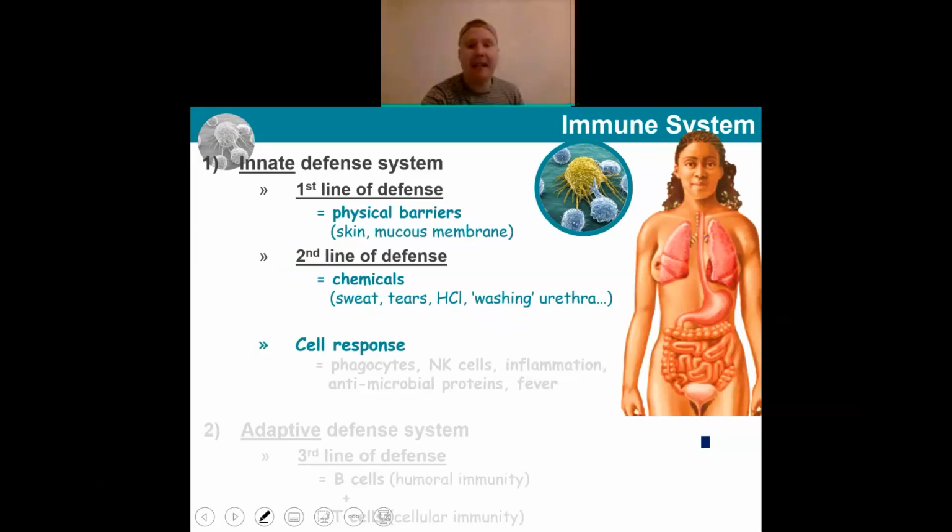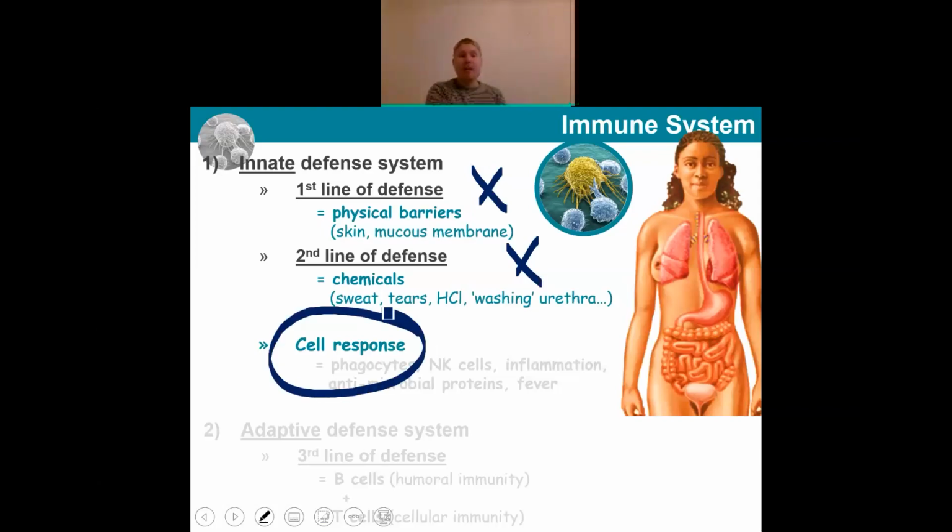If the first and second lines of defense don't work, if the pathogen has gotten into our body through our skin and we have not been able to kill it through other chemicals, then we need to bring in the cells. The cells need to deal with these pathogens. I also forgot to mention the mucous membrane.